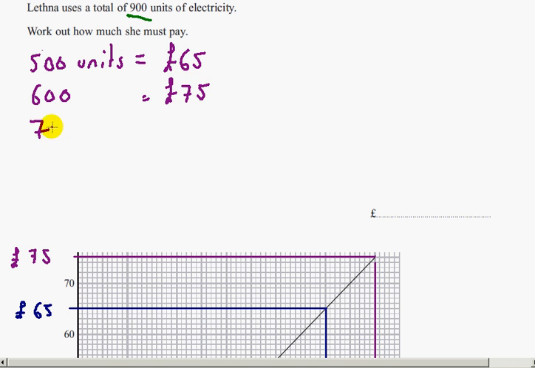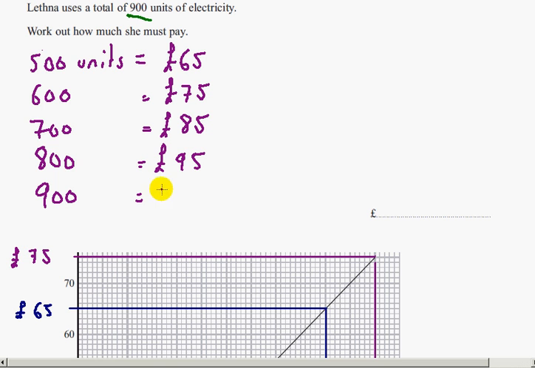So 700 would cost £85. 800 units would cost £95, and 900 units would cost £105, and that's the final answer. So £105 for 900 units.